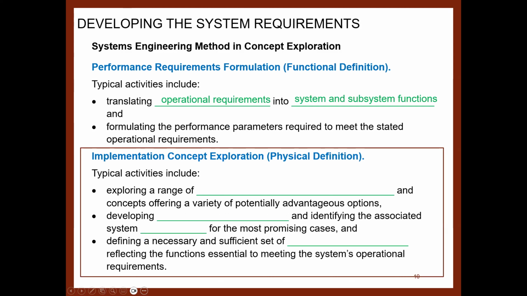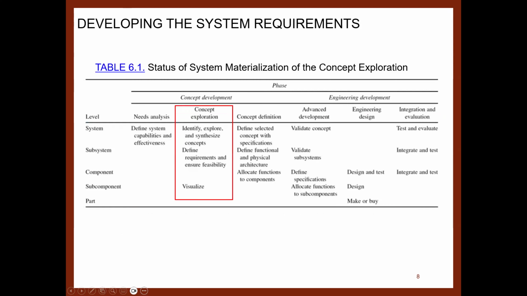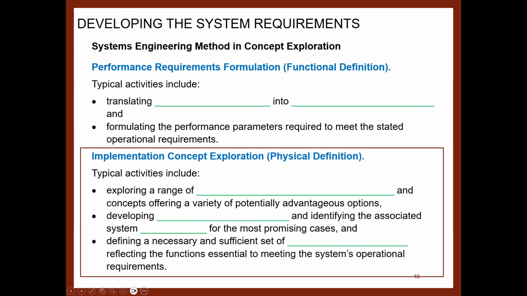In terms of the functional definition, the performance requirement formulation, this is translating operational requirements into system and subsystem functions. So that's what we are illustrating here in this materialization, right? We are looking at the subsystem level, not only at the high level, but going deeper. And formulating the performance parameters required to meet the stated operational requirements.